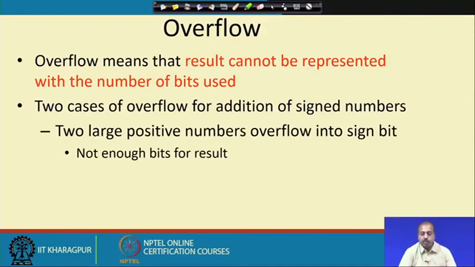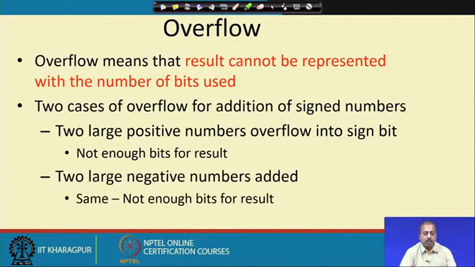Two large positive numbers overflow into the sign bit, so there are not enough bits for the result, or two large negative numbers are added and again there are not enough bits for the result. As I said, 4-bit numbers being added give a 5-bit result, and the 5th bit is actually for the sign, so that will affect the sign bit.